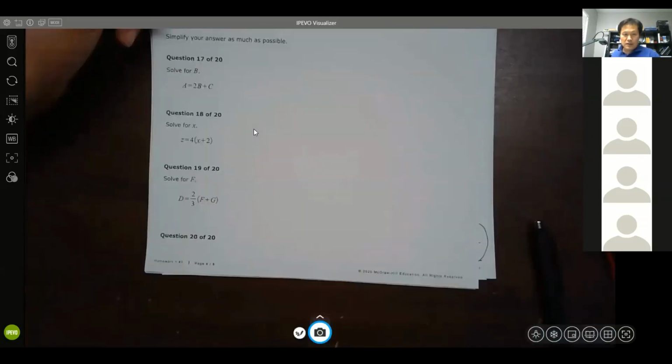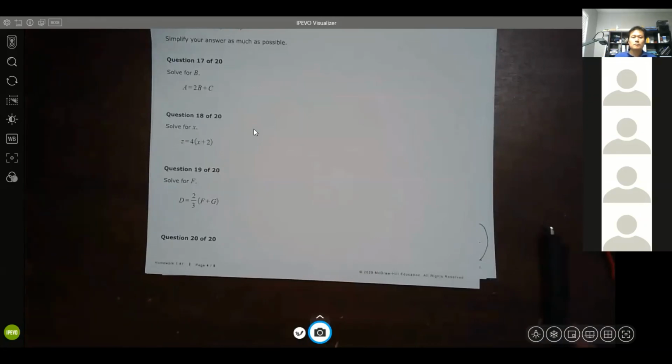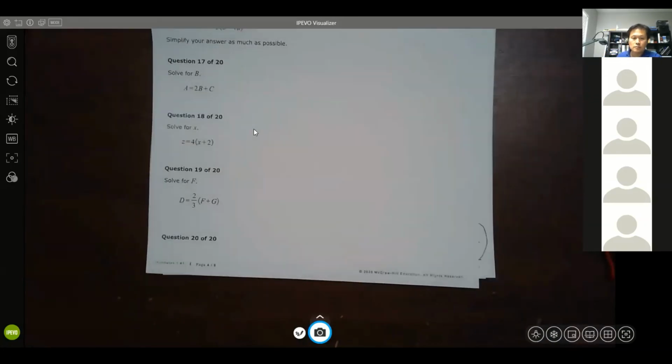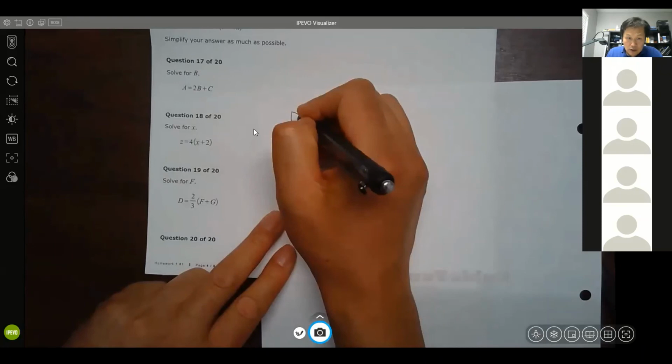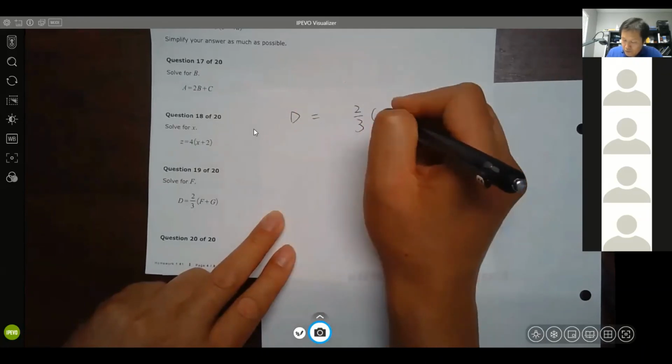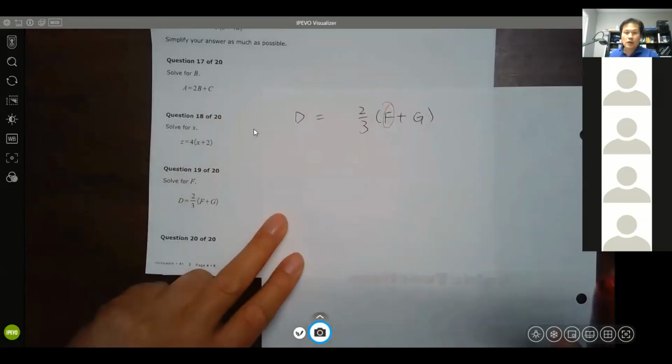Okay, 19, please. D equals 2/3 F plus G, and you are solving for F. What I'll do, I will get rid of 2/3 first.